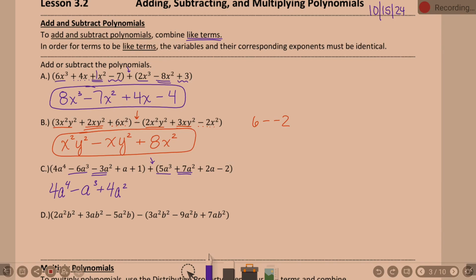Next. A and 2A. This is too easy. A and 2A. 3A. 1A plus 2A is 3A. And lastly, negative 1. 1 plus negative 2 or 1 minus 2 is negative 1.